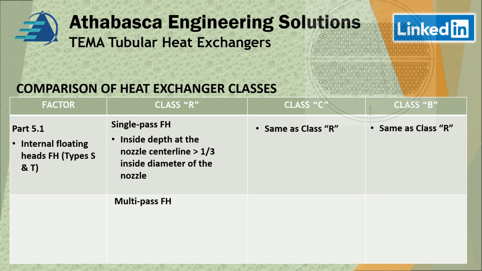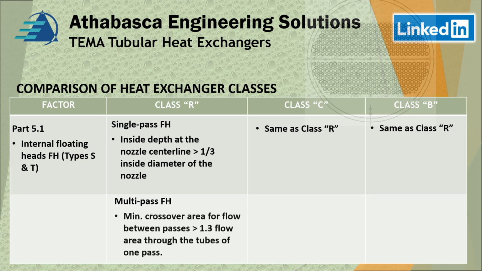Now let's go on to the multi-pass floating heads. What they say is the minimum crossover area for flow between passes must be greater than 1.3 times the flow area through the tubes of one pass.